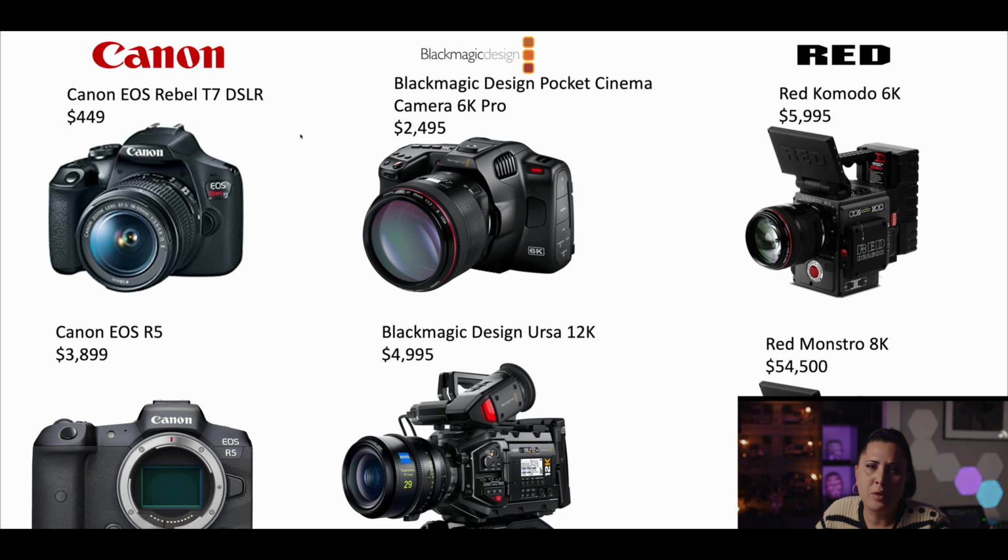If you want a middle of the road camera, go with the Pocket Cinema 6K Pro. That is a great camera. My wife, Mel, shoots with the 6K Pro. I would say that's more middle of the line. And on the upper end, I would go for a Red Komodo or an Ursa 12K. I shoot with the Ursa 12K. I also have the 4.6K.